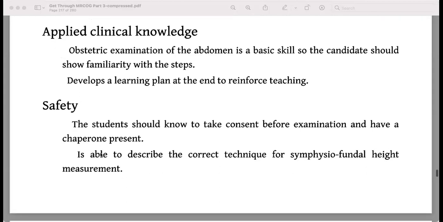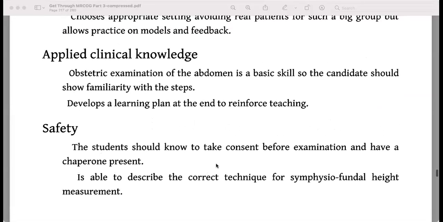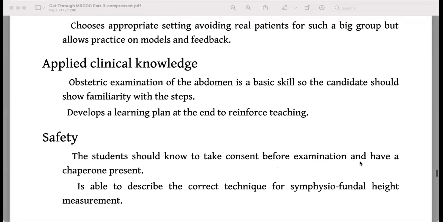Safety. The student should know how to take consent before examination. Okay, this is a safety point.